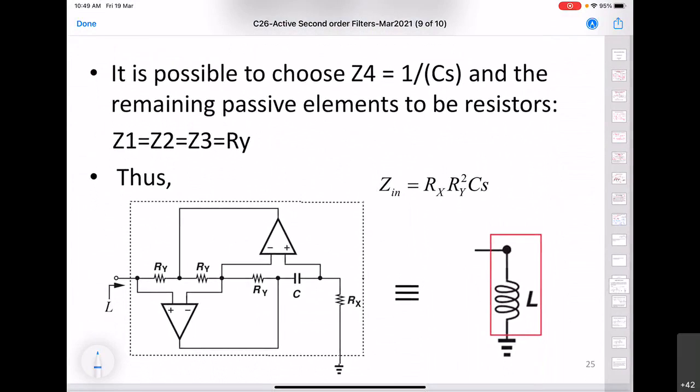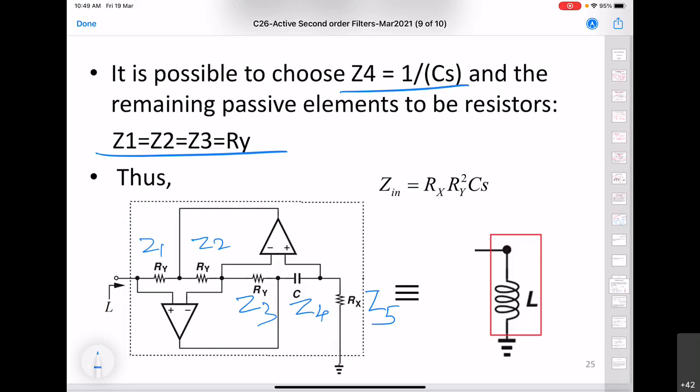And there's another choice that can be made for those impedances to have an inductor, and this is when we take Z4 as a capacitor and the rest of the impedances as resistors. So here we have 1, 2, 3 resistors, Z4 as a capacitor.